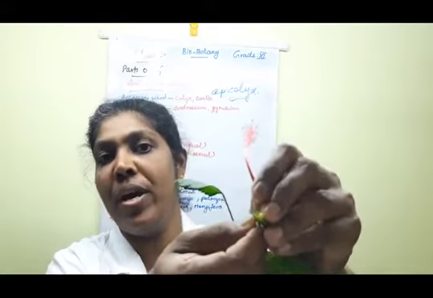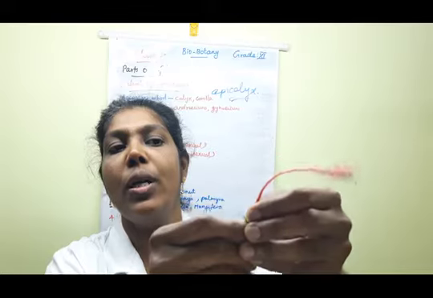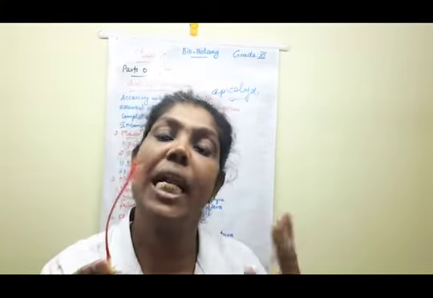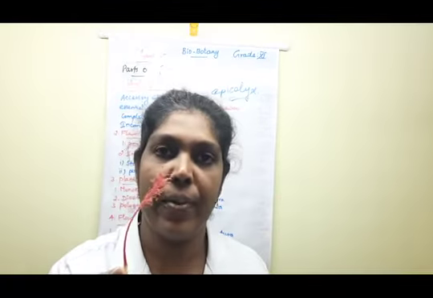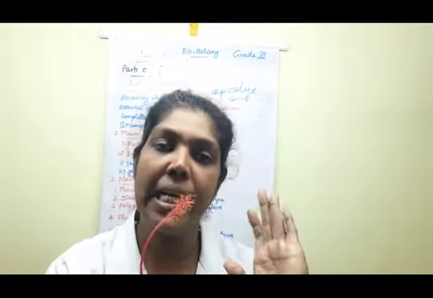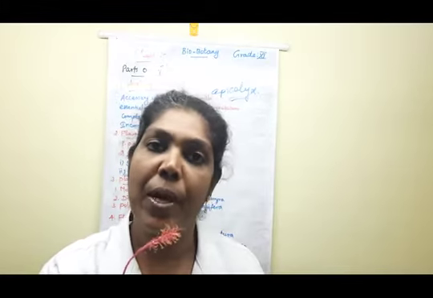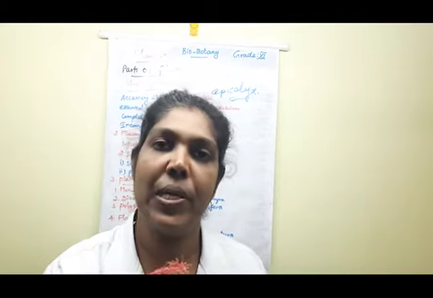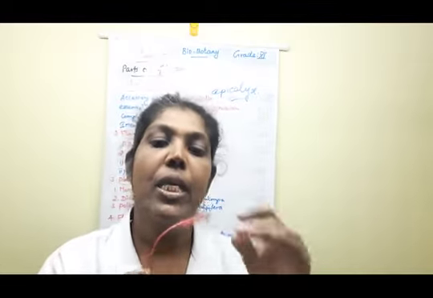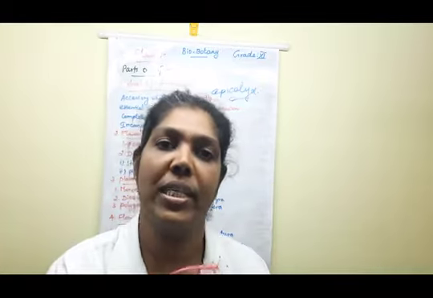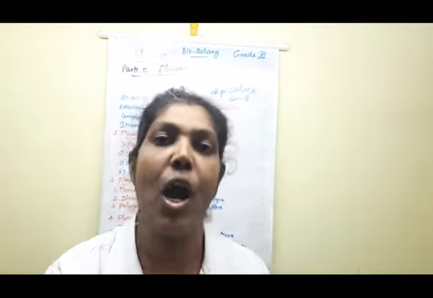These three things together represent the female reproductive organ of the flower. Understood? That is known as gynoecium. The individual unit of this gynoecium is known as pistil or carpel. Clear?